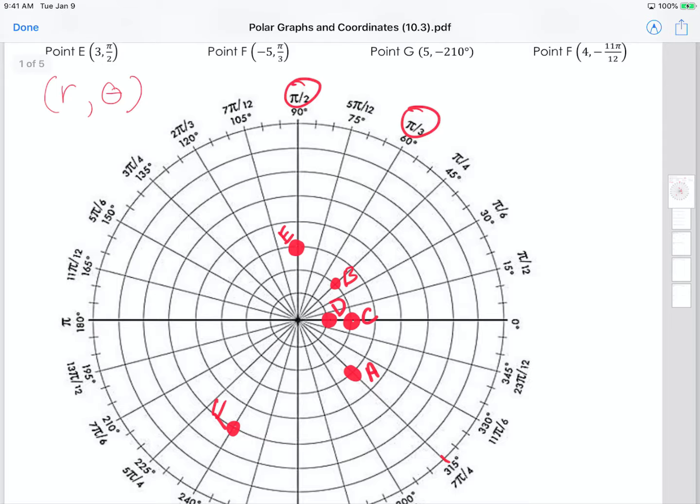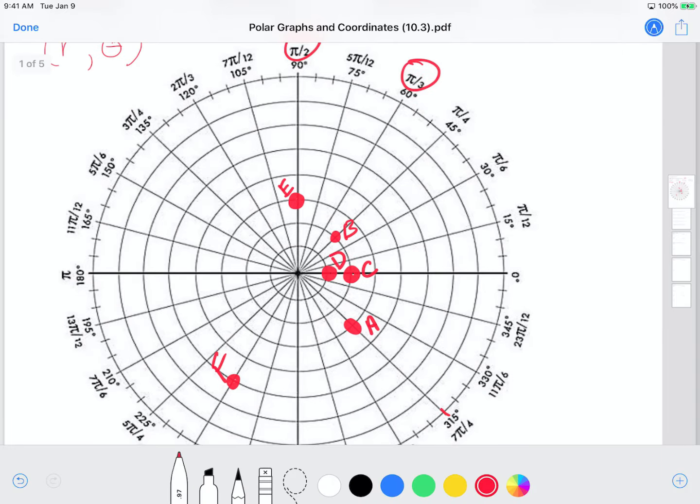My next point is 5 and then -210. So I'm going to open up 210 degrees in the clockwise position. Now notice 210 degrees, if I came out in the positive direction, is 30 degrees past 180. So I want to open up 180 degrees and then go another 30 degrees.